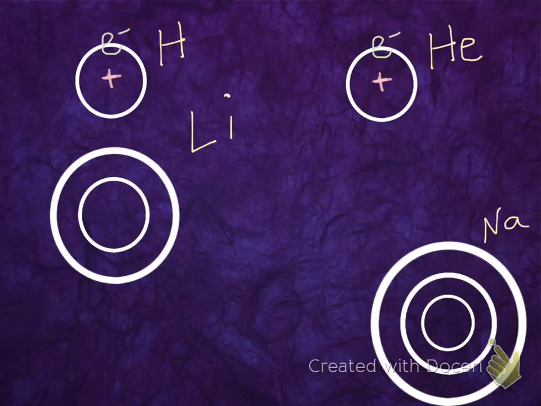How would I make it helium? I need to add what? Add one proton, add one electron. So I'm going to add one proton. We now have two protons in that little nucleus. We now have two electrons. That's helium.